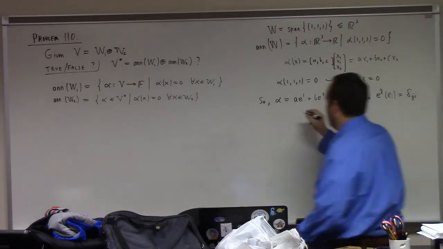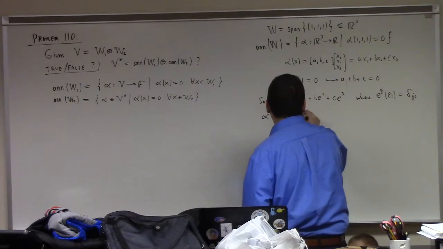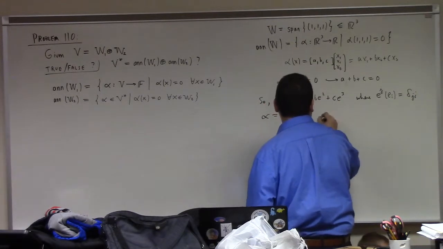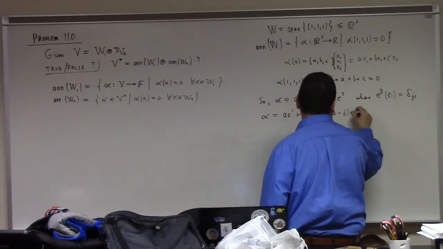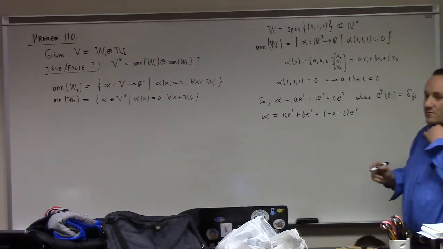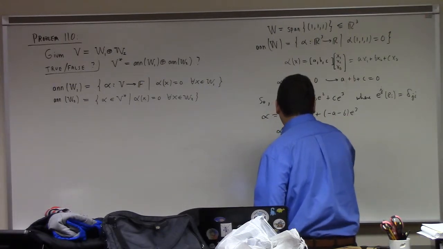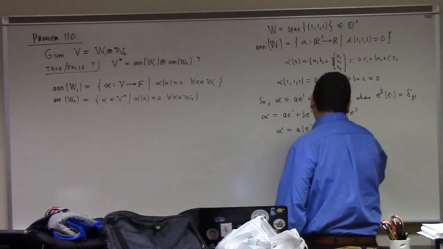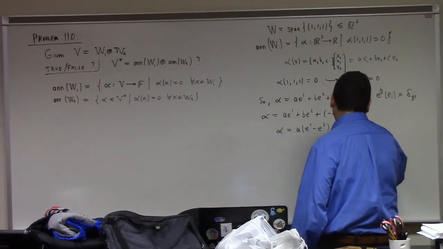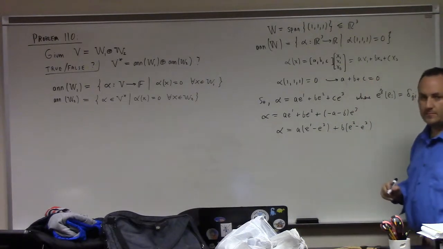So I can actually write alpha as, say, A e1 plus B e2. And what's C? Well, we can make C minus A minus B, right? So it's taking me forever, but getting to the point here, this is A times (e upper 1 minus e upper 3) plus B times (e upper 2 minus e upper 3), right?